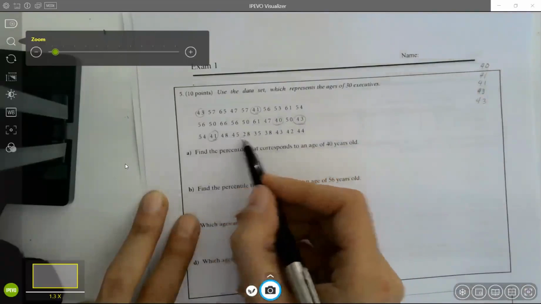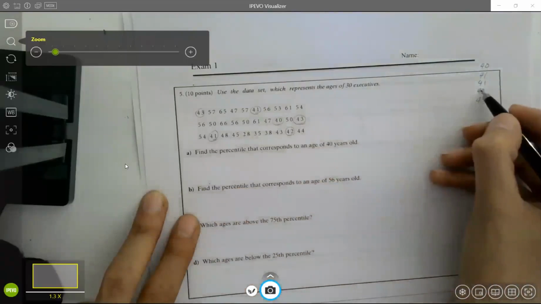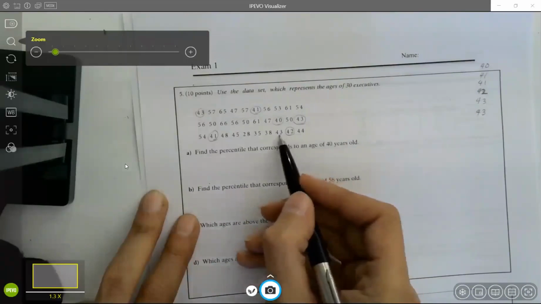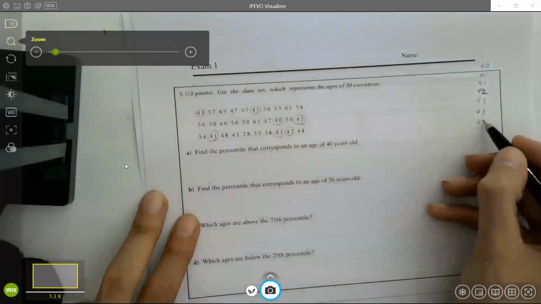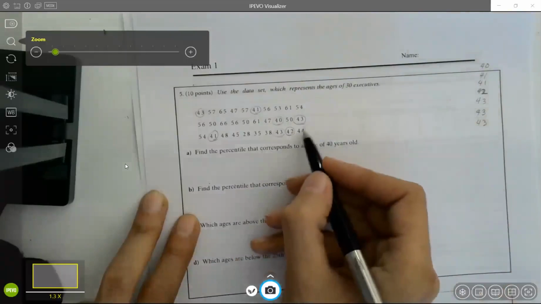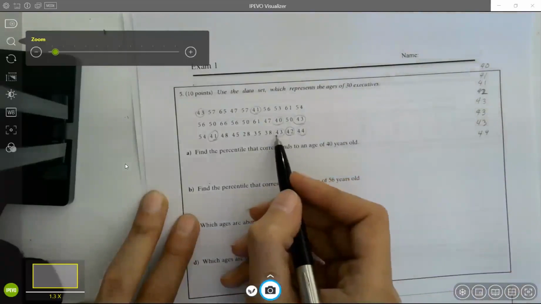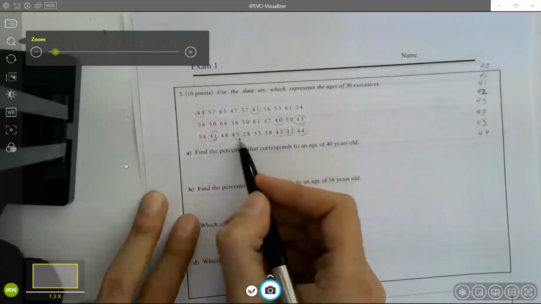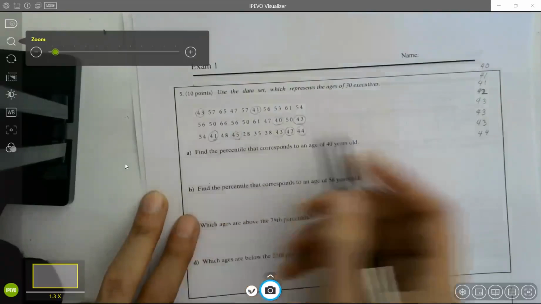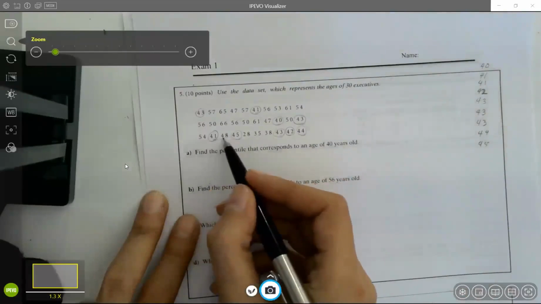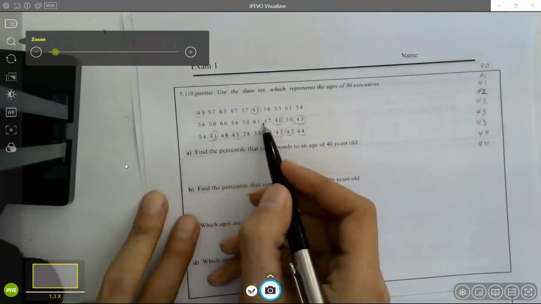I have a 42, so I'm going to write it here and move this one here. I have another 43. I have 44. I have 45. Do I have 46?